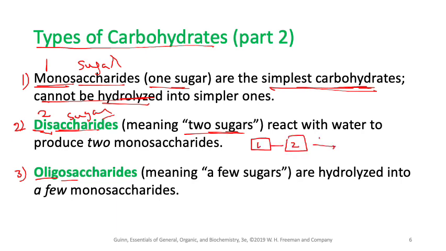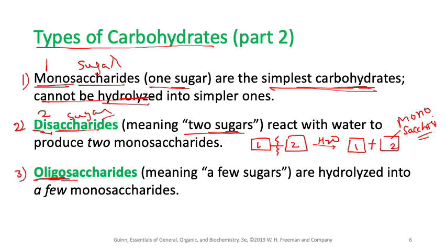When you do a hydrolysis reaction, this bond is going to break and you're going to make two sugars as a product, 1 plus 2. What are these products? These are monosaccharides. So whenever you do a hydrolysis reaction on a disaccharide, you always end up with two monosaccharides.